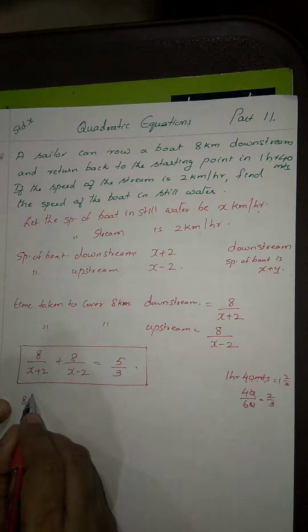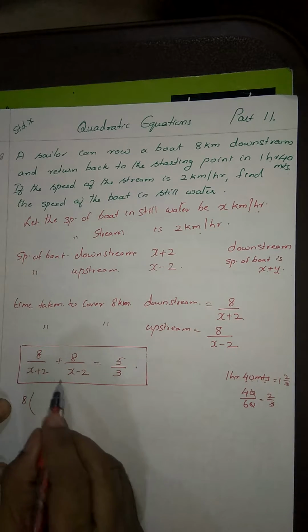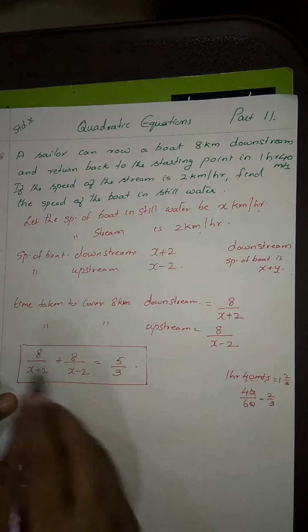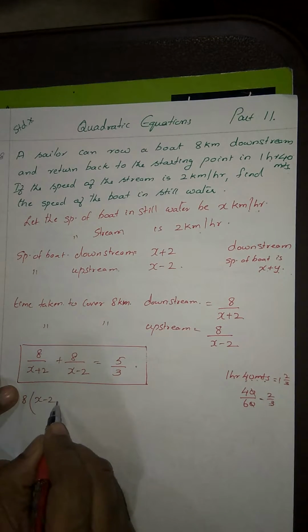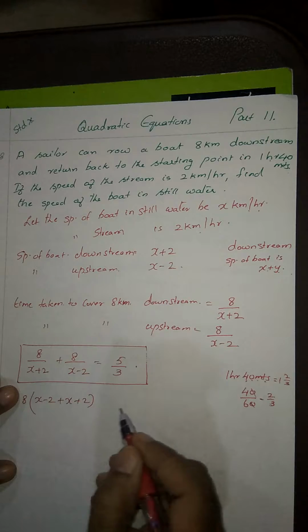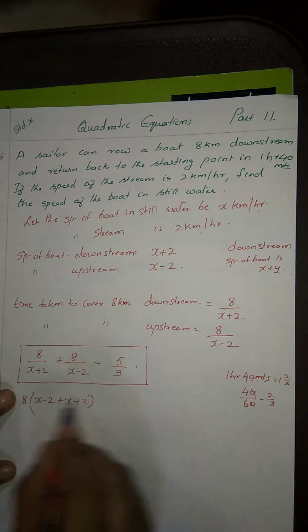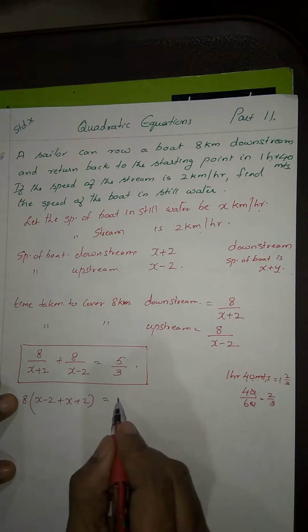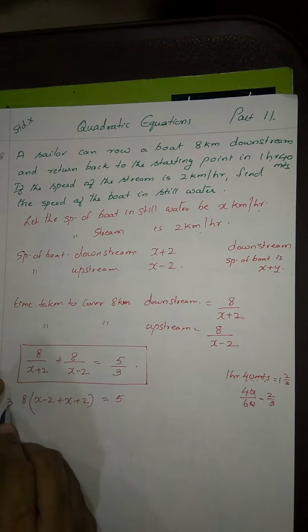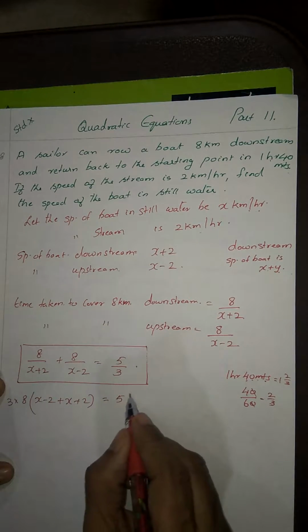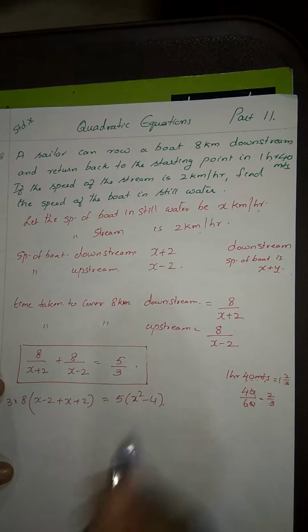8 into x plus 2 plus x minus 2, x minus 2 plus x plus 2, is equal to 5 into 3 into x squared minus 4.